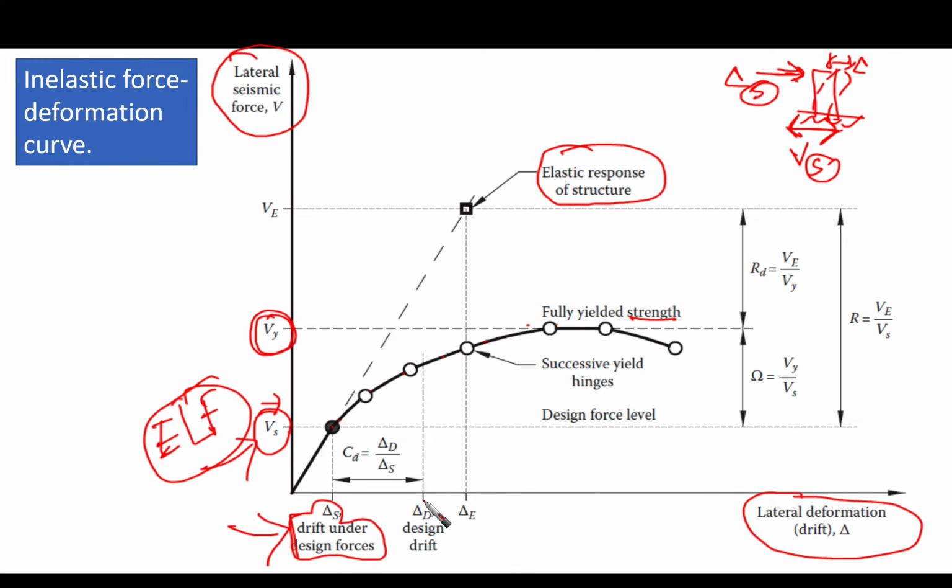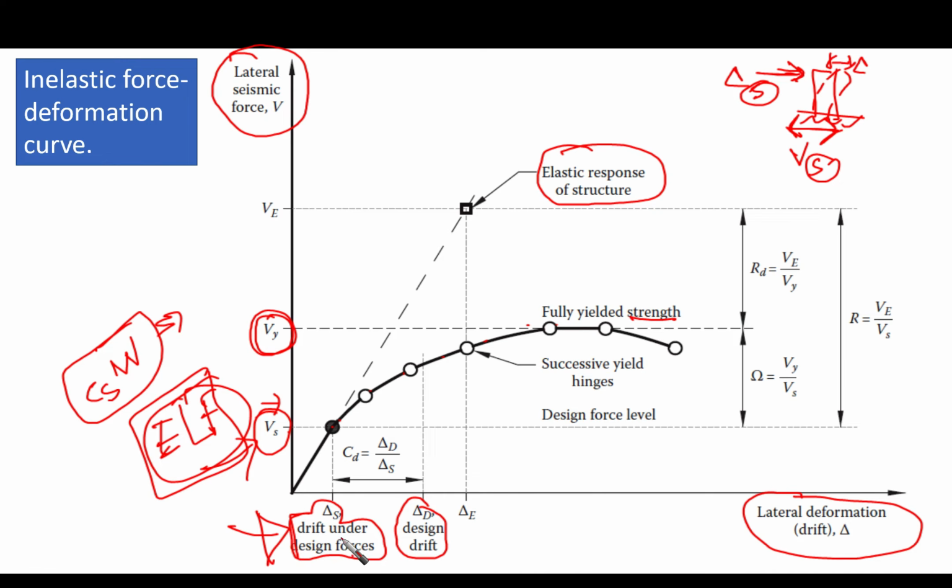It is going to be delta D, the design drift. This is the drift under design forces, which are coming from the equivalent lateral force, the force that we have in the structure, Cs times W, if you remember.